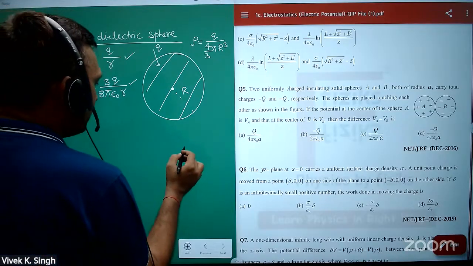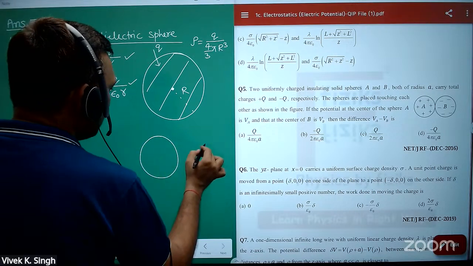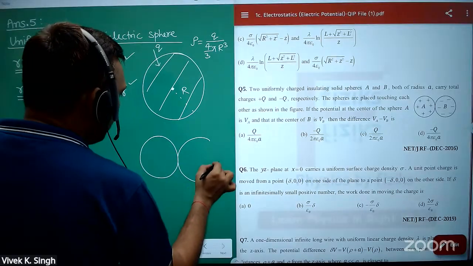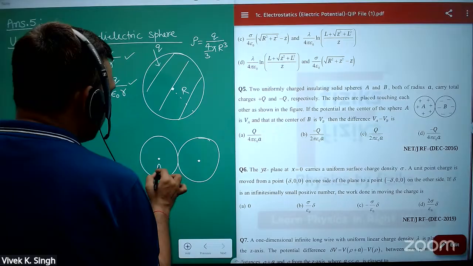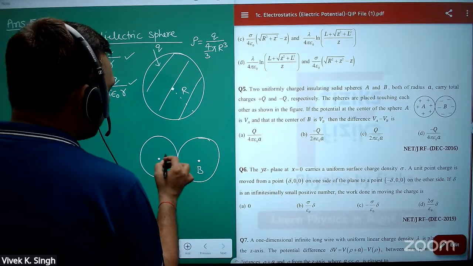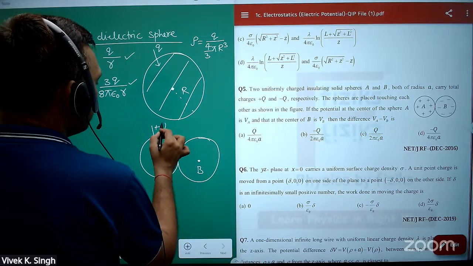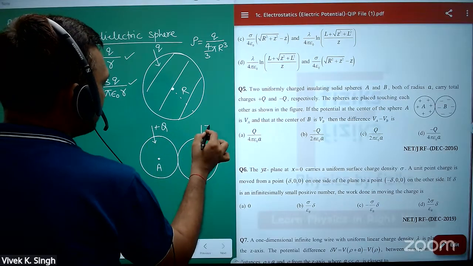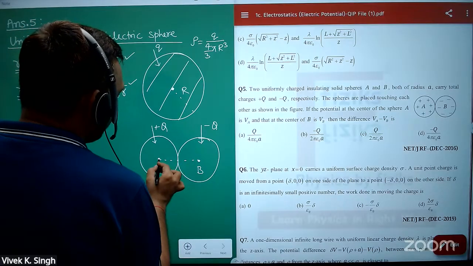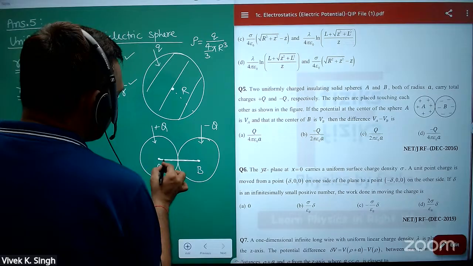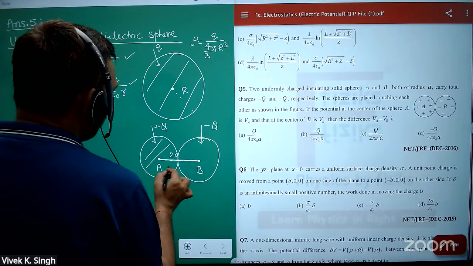If you are considering these two dielectric spheres, this is the center A and this is the center B, and this contains plus Q charge, this contains minus Q charge, and they are separated by a distance 2a. This will be 2a.